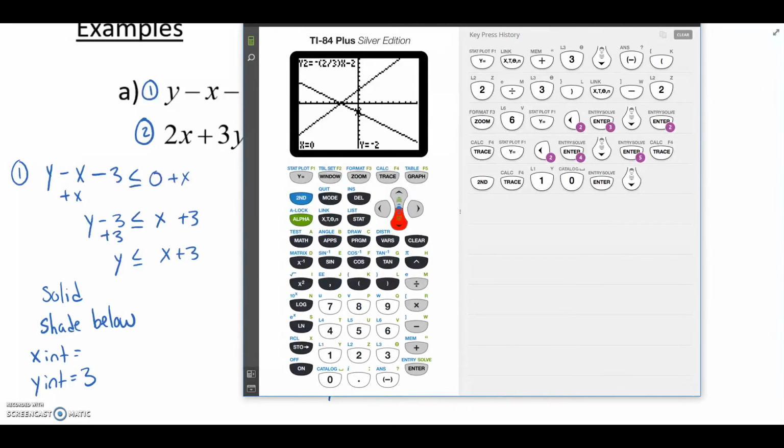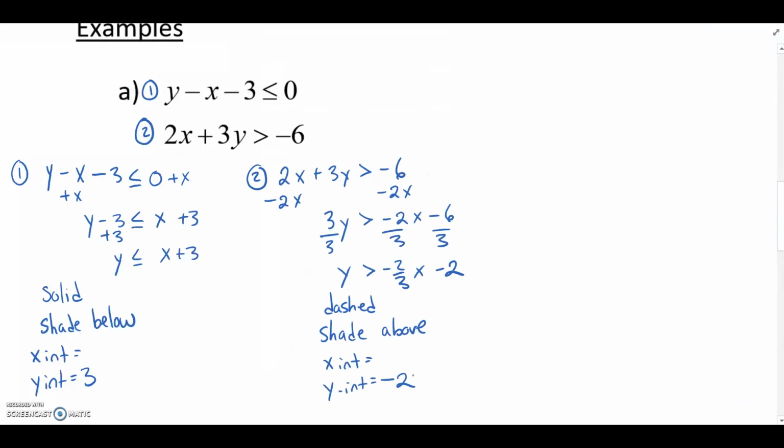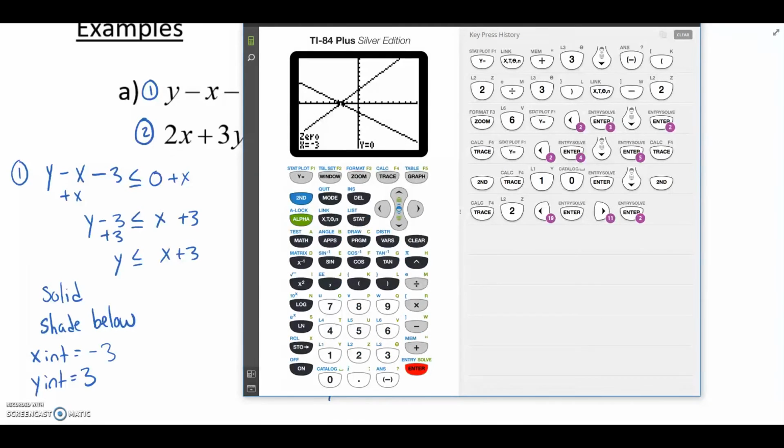Okay, get our x-intercepts. Second trace. We're going to go to our zeros. And I'll move to the left, to the right, hit enter. That's at -3. And I believe the other one's at -3 as well.